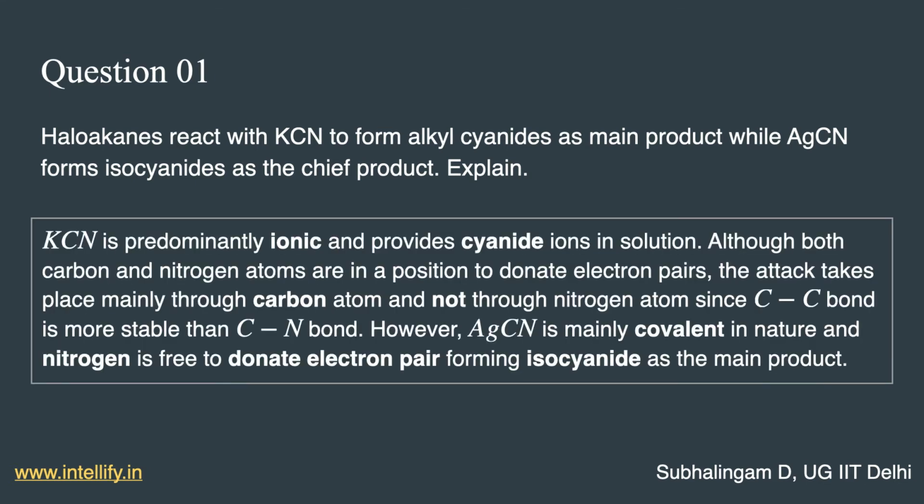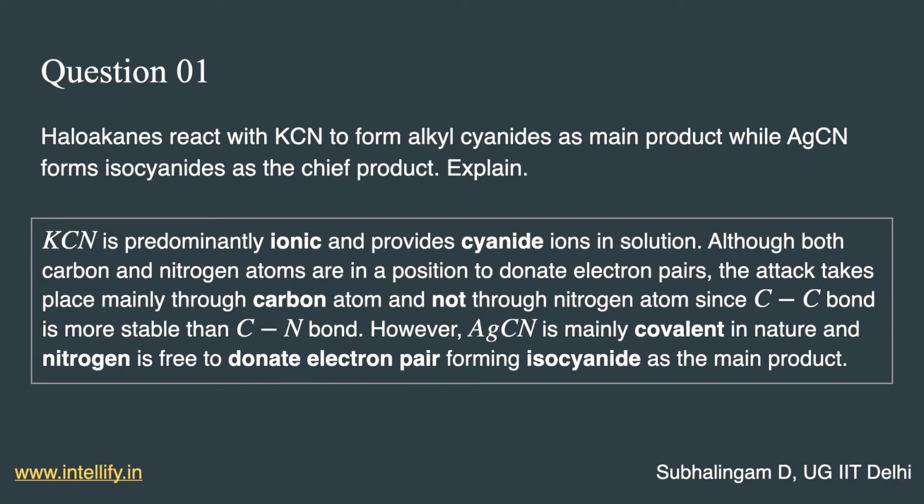KCN is predominantly ionic and provides cyanide ions in solution. Although both carbon and nitrogen atoms are in a position to donate electron pairs, the attack takes place mainly through the carbon atom and not the nitrogen atom, since the C-C bond is more stable than the C-N bond.